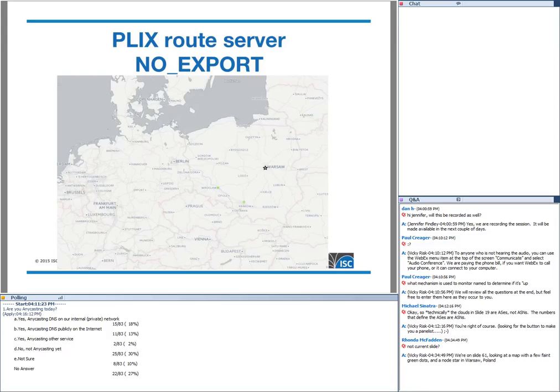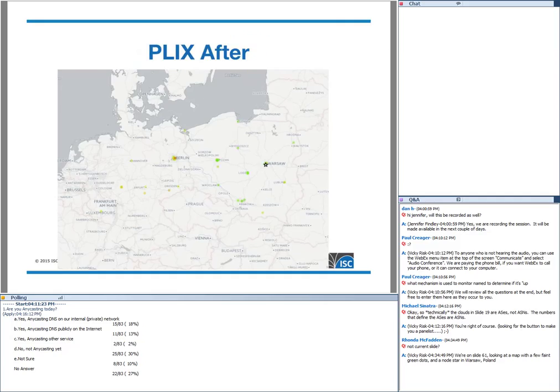So in this case, we contacted the IXP and worked out some routing policy so that the route server no longer acts upon the no export itself, but instead sends the prefixes out to participants with the no export attached to it. Next slide. And here's the aftermath of that. You can see that now a number of probes in Poland and some in Germany are now using the FROOT instance in Warsaw.